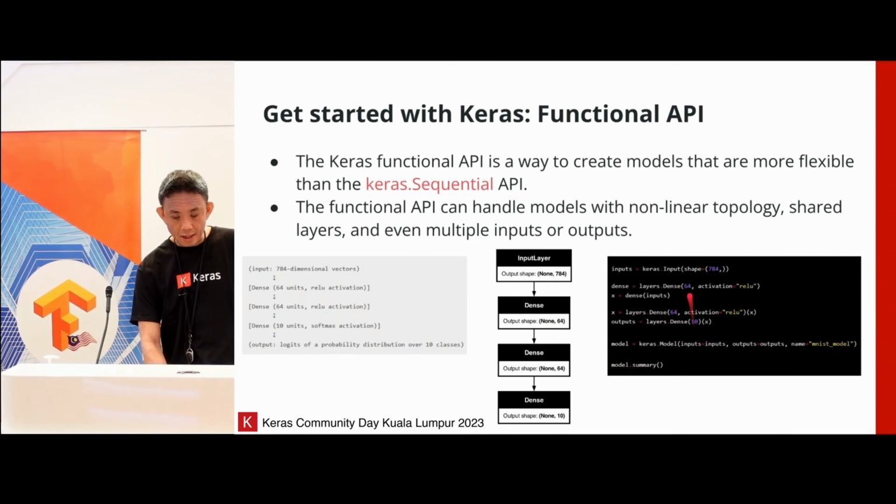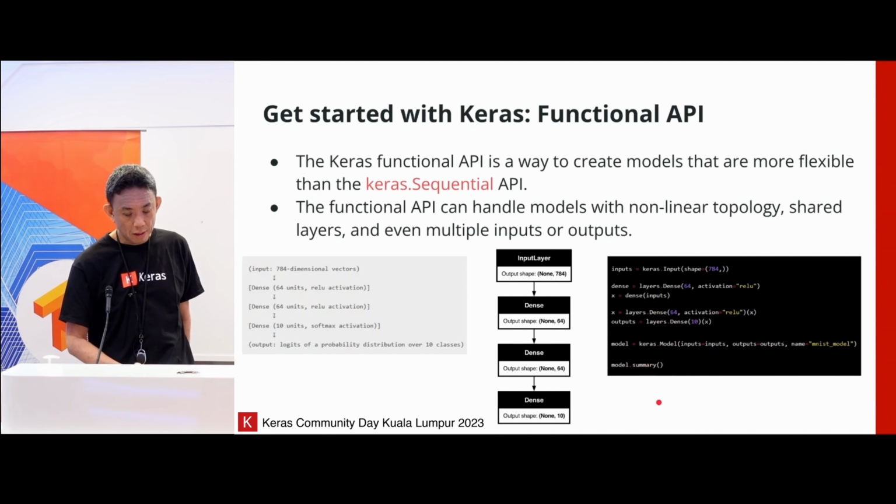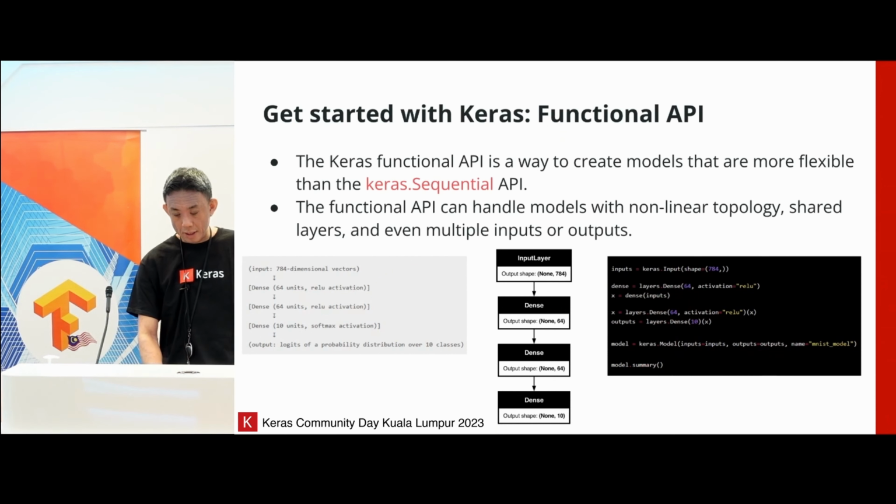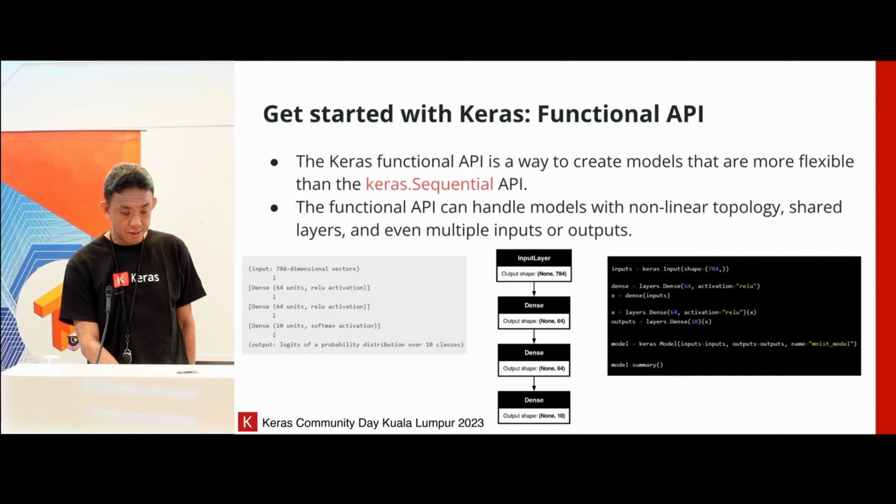I define the input layers, I define the dense layers, then I define the model I want to use, I compile the model, and then I can fit the model. When I do the model summary, it lists out the model topology that I have defined. So that's one way you can start with Keras.